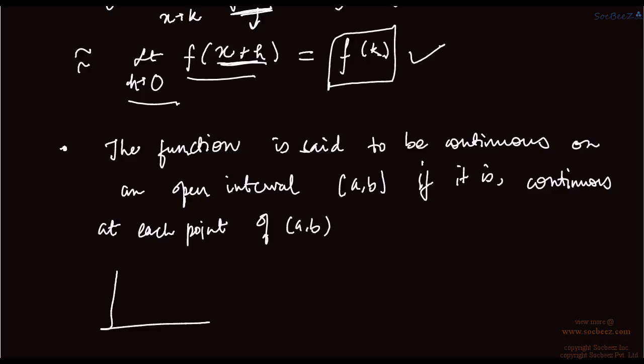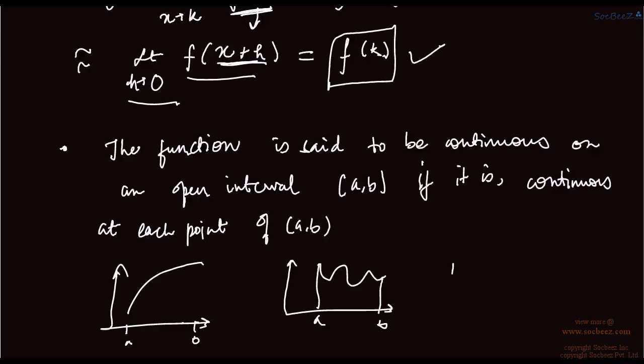That means, let's say we have this graph. This is continuous if this is a and this is b. This is also continuous if this is a and this is b.